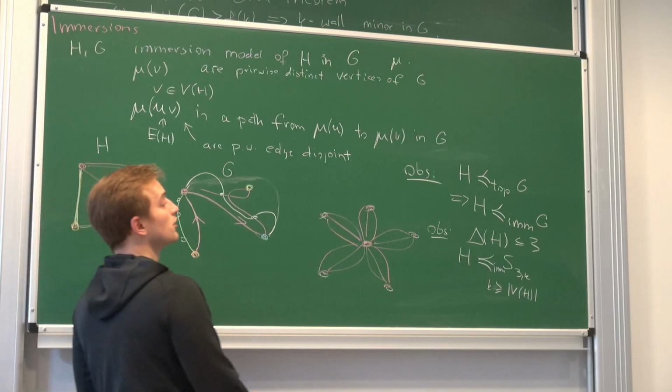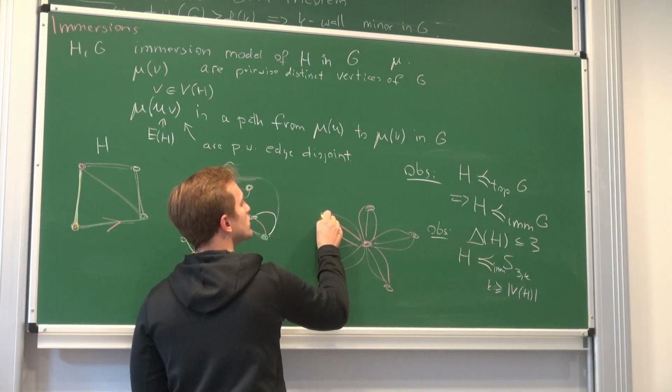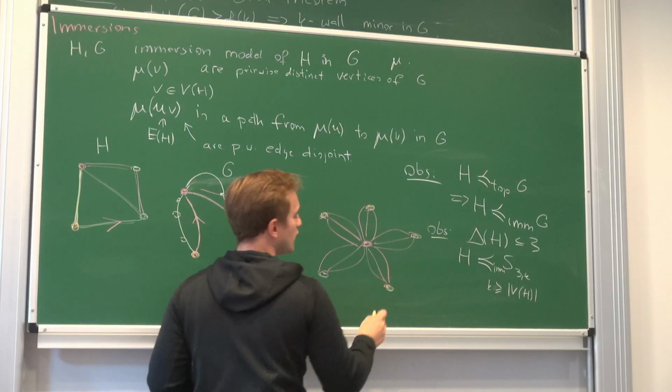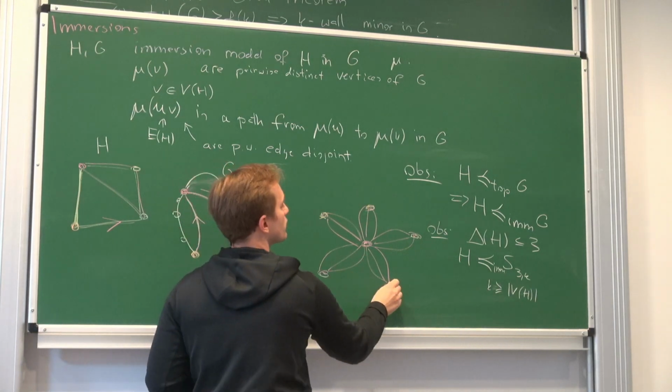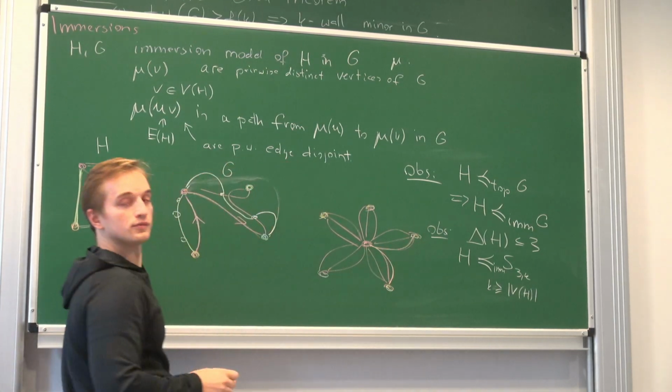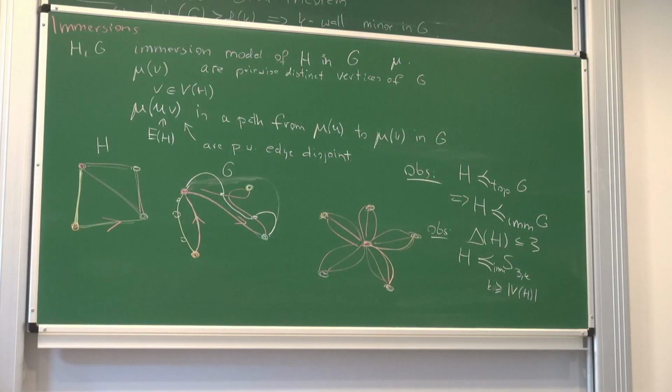I just map vertices of H to the peripheral vertices here, and whenever I want to make a connection, I make it through the central vertex. And in either case, because the maximum degree is 3, I will not run out of space to do it.